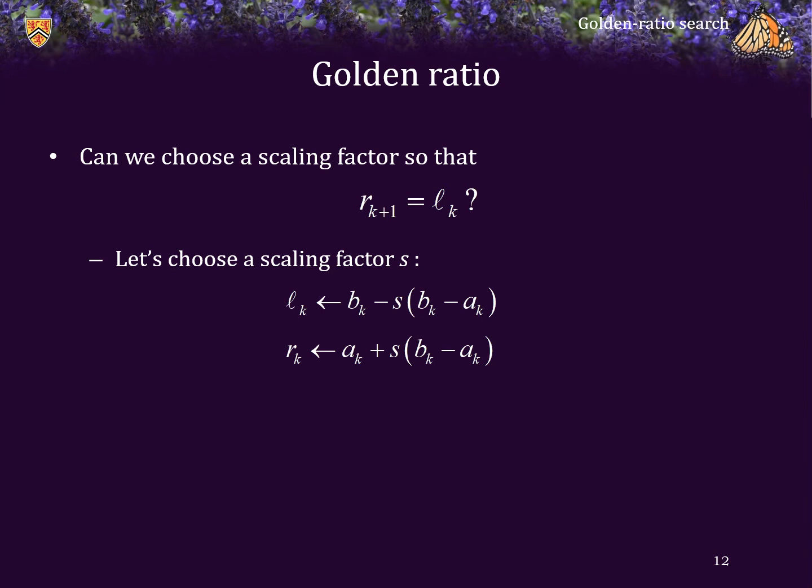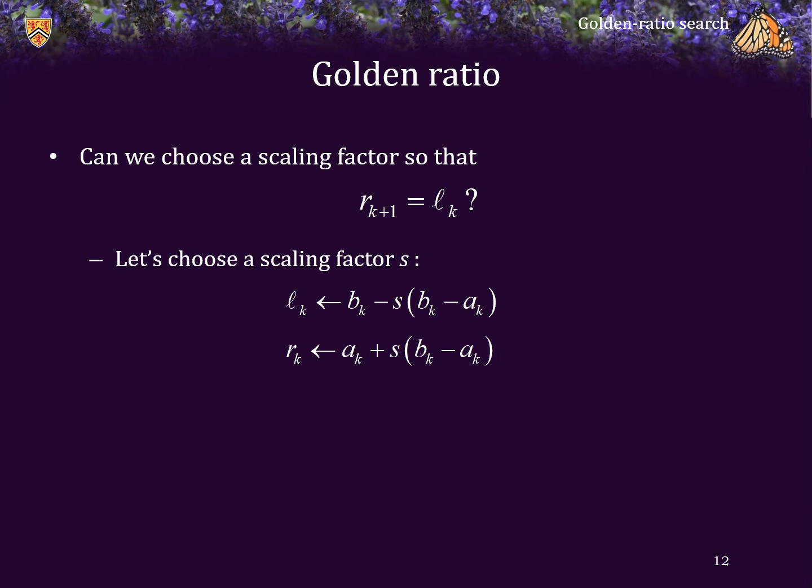Well, basically, we want to choose a scaling factor s such that the left interior point is b sub k minus some scalar times the width of the interval, and the right point is a sub k plus that scalar times the width of the interval.